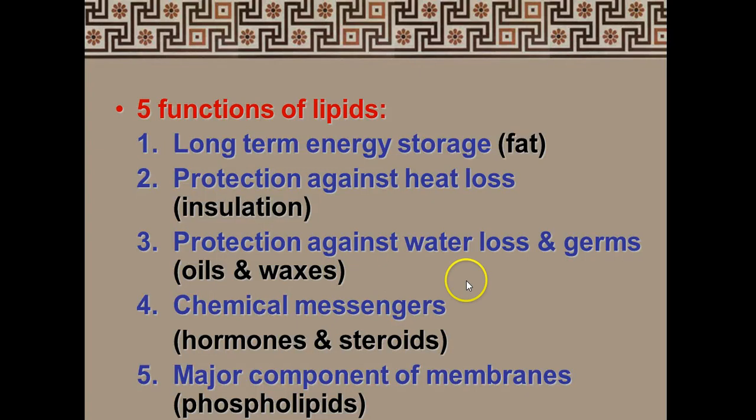Germs, protection against germs. We actually have wax in our ears to prevent infection. That wax prevents infection from occurring in our ear. Another type of protection that's really not listed here is that we have a little patch of fat around our abdomens, where we don't have a lot of bones for protection of those internal organs, and that's where a lot of our major internal organs are.